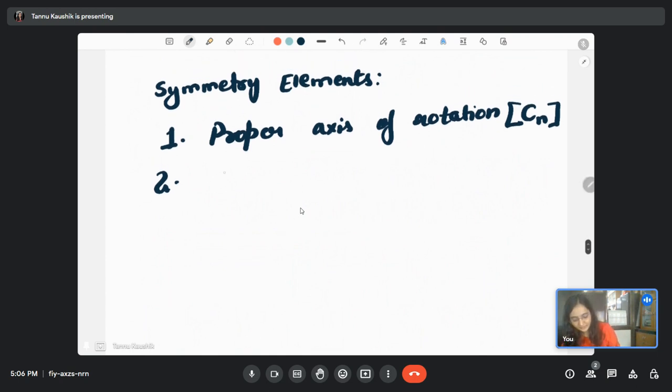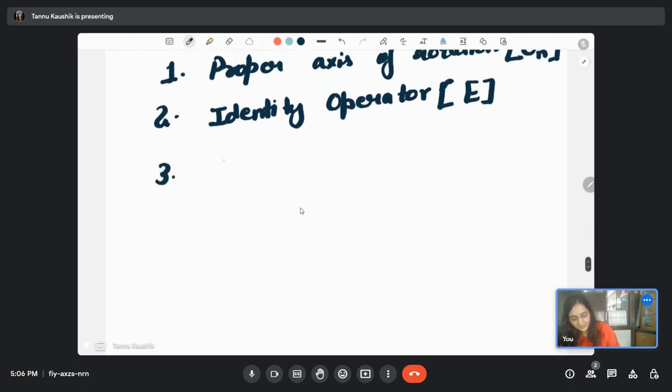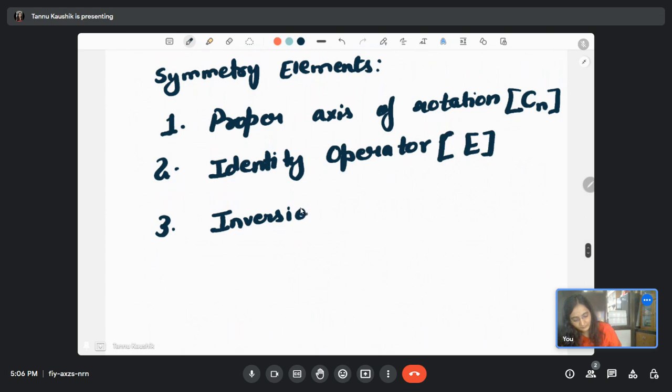So we will count it in each molecule, which is the identity operator I am writing here. Third is the inversion center, and fourth is the improper axis of rotation.